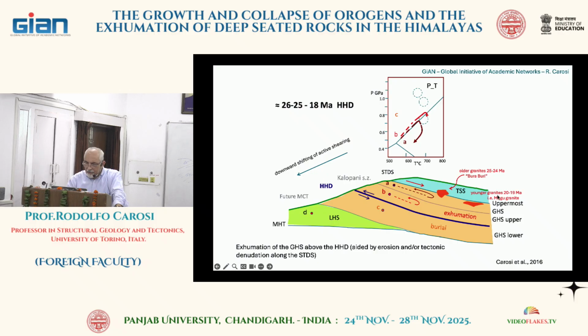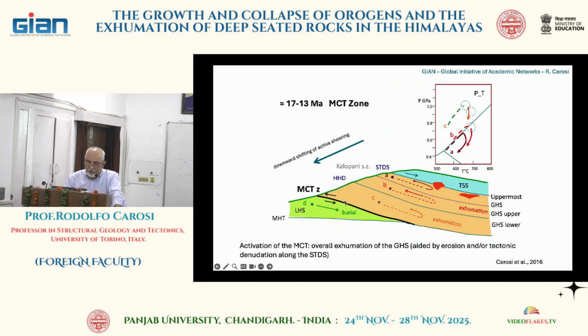Then there are younger granites at 20, 19 million years, such as the Mugu granite in western Nepal. So this stuff became exhumed earlier, this later, and then the point C continues to be undertrusted, increasing pressure and temperature.